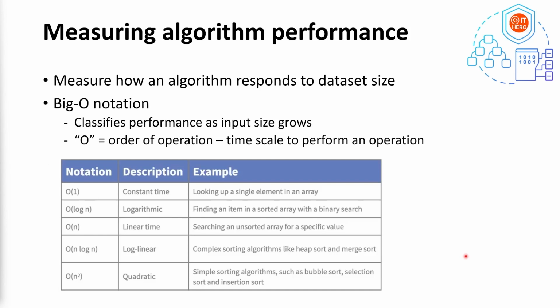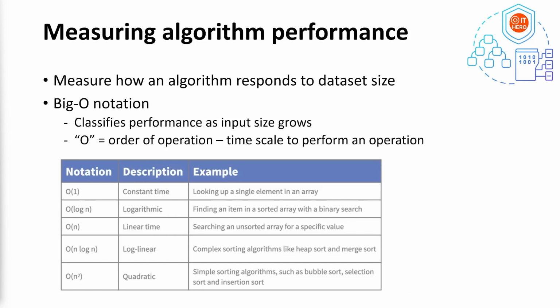Good. Talking about algorithms, we also have to talk about how we can measure algorithm performance. So how fast is an algorithm? We have the big O notation here. This classifies the performance as the input size of data grows. The O means the order of operation, the time scale to perform an operation.